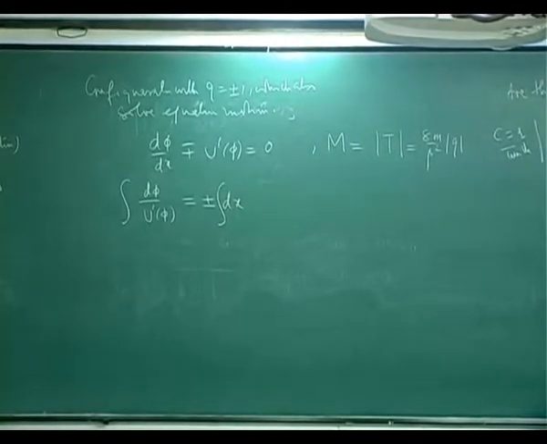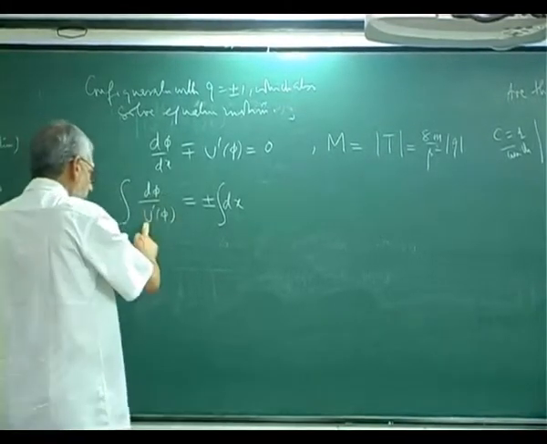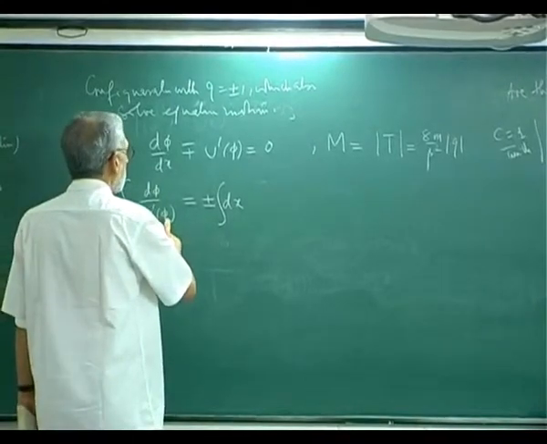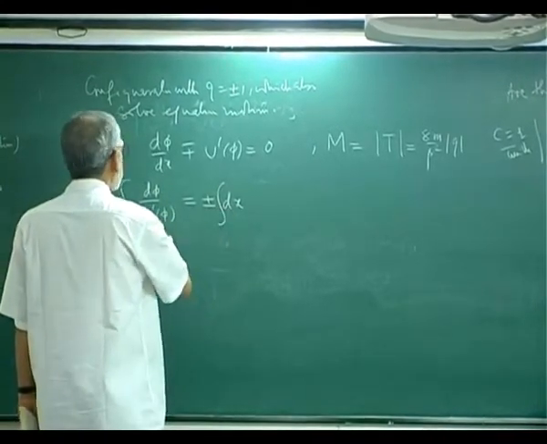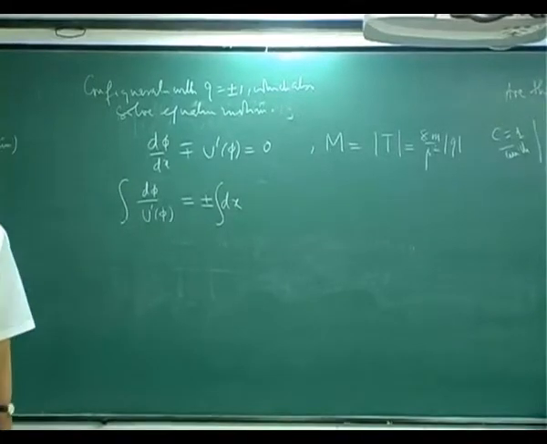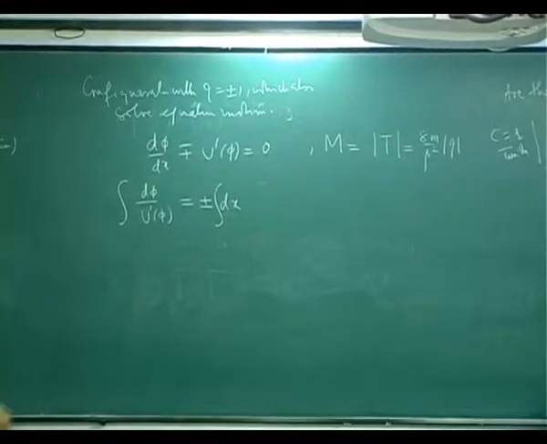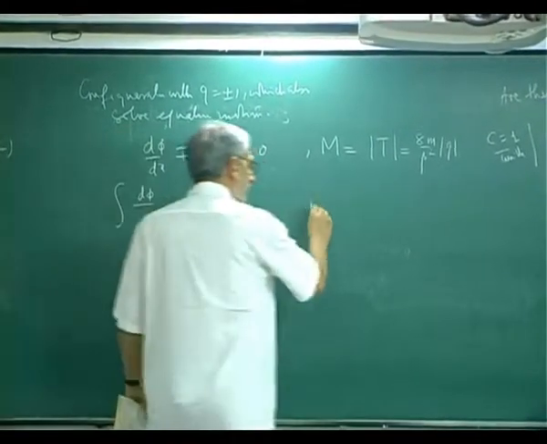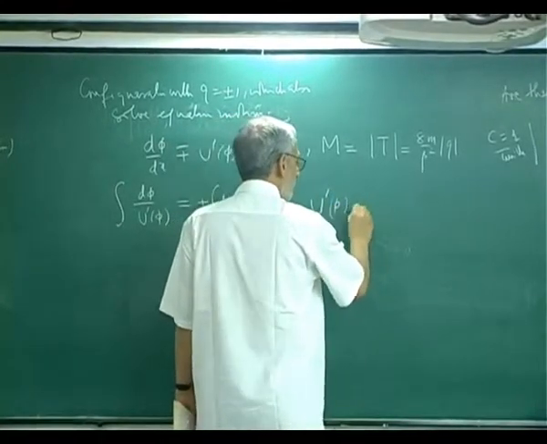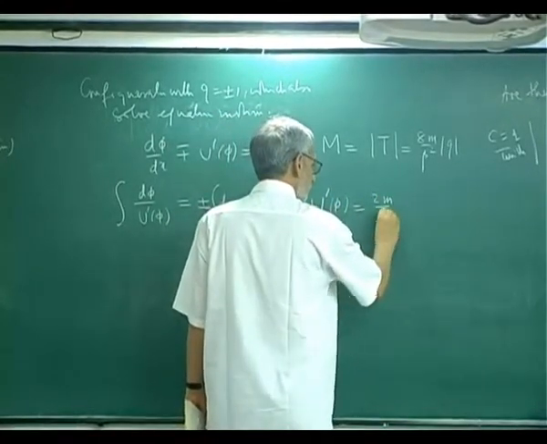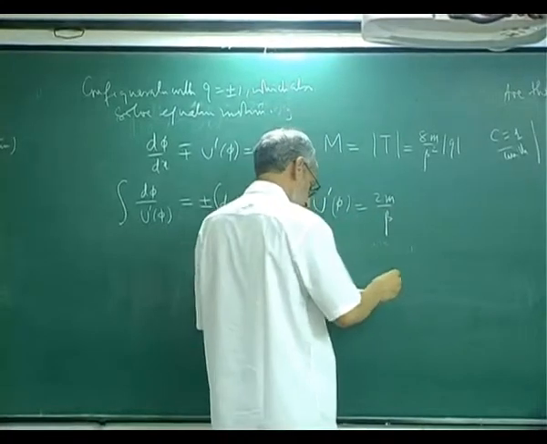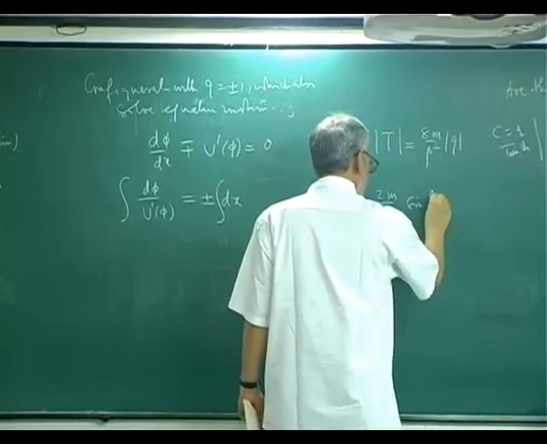So we solve this equation by rewriting it as d phi divided by u prime phi is plus minus dx and integrate it. And what was u prime phi? Somewhere we wrote it earlier. It's 2m by beta sine, right? Sine beta phi by 2.